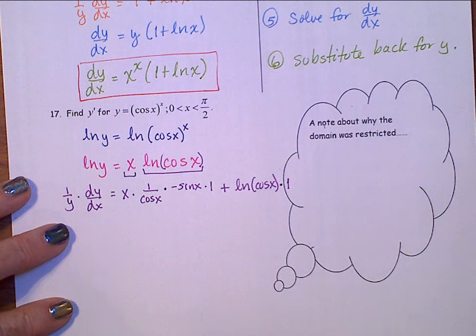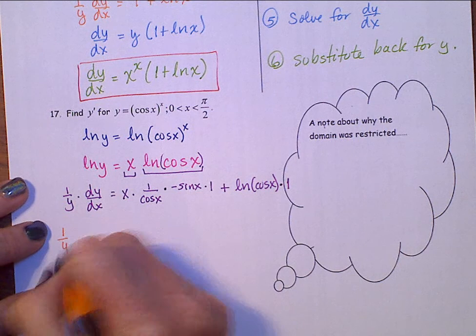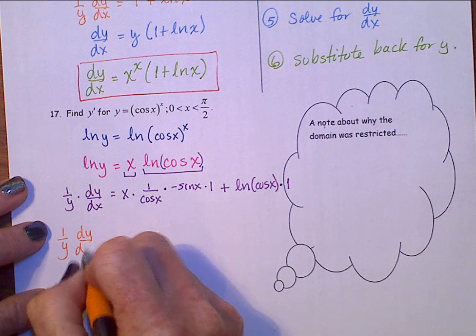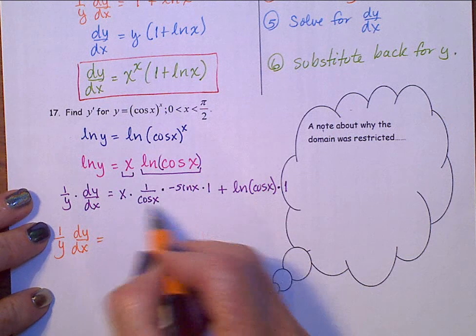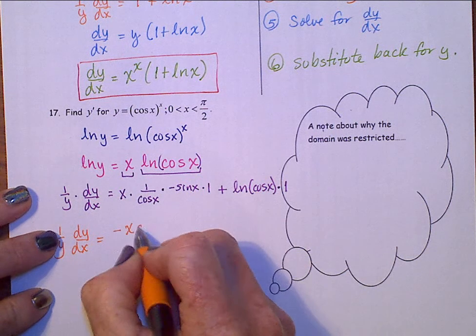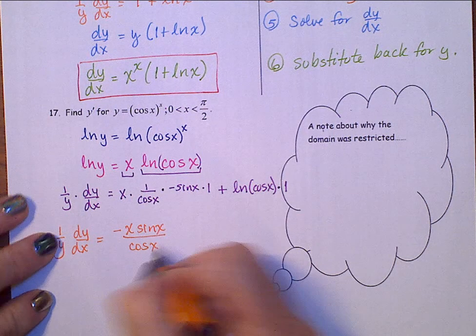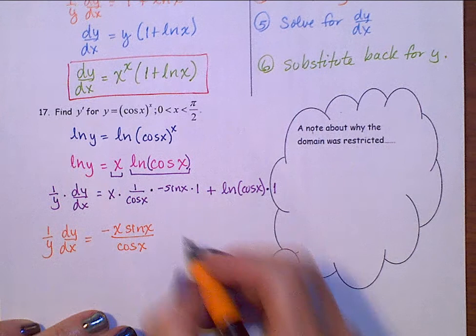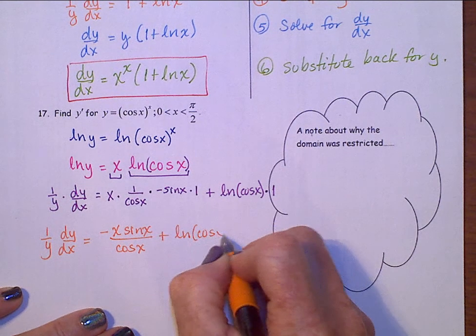All right, cleaning this up a bit then, simplifying. We have 1 over y dy dx equals, all right, what happens here? Negative x sine x over cosine x plus the natural log of cosine x.